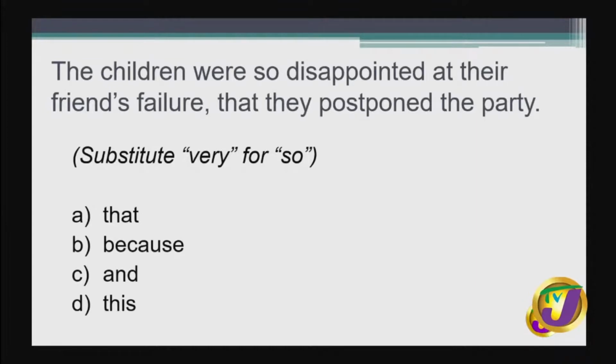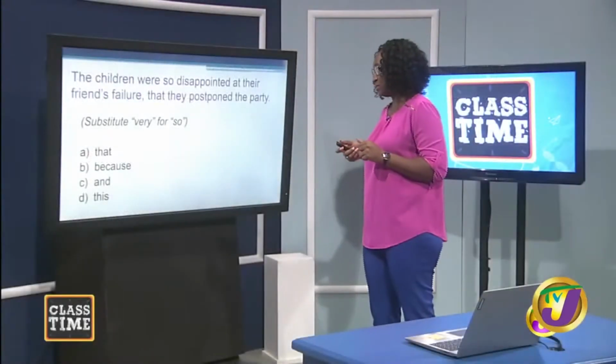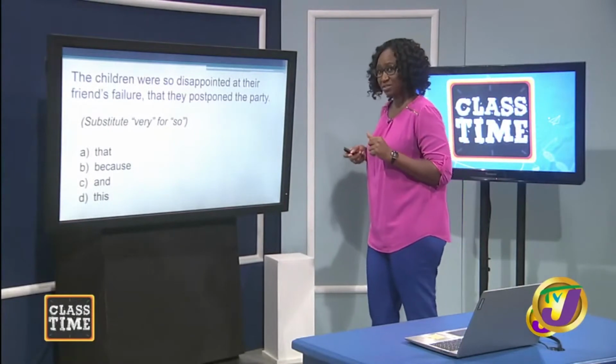Remember, it's not the children were so disappointed anymore. It is the children were very disappointed. So which of these expressions can you use in your new sentence that is still going to say, because they were disappointed, they did not bother to have the party? They postponed it. You have 4 options.